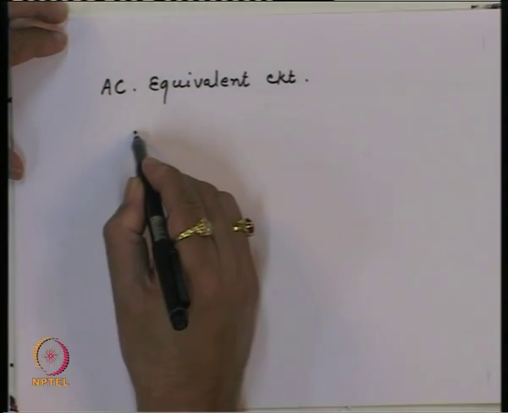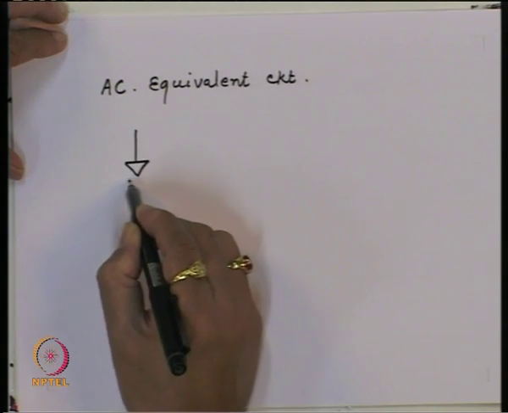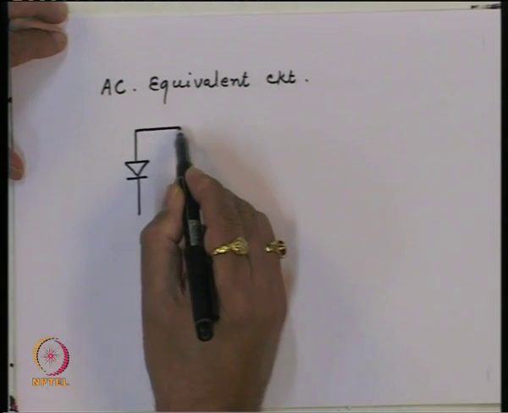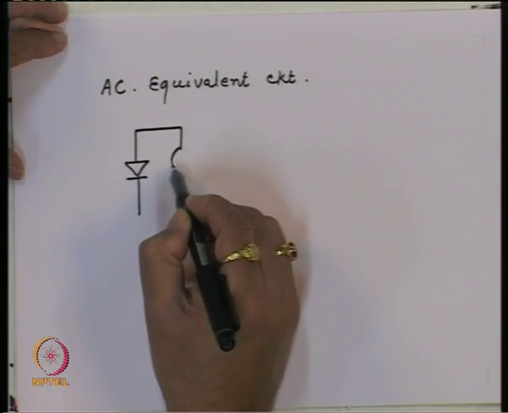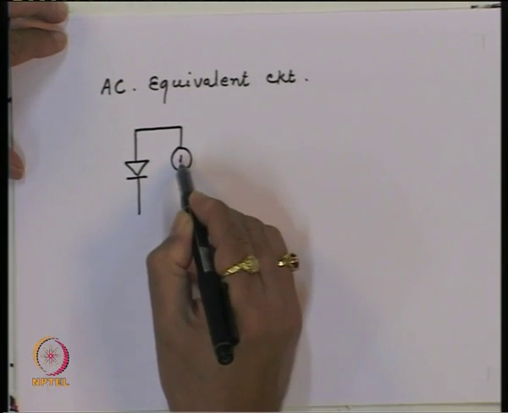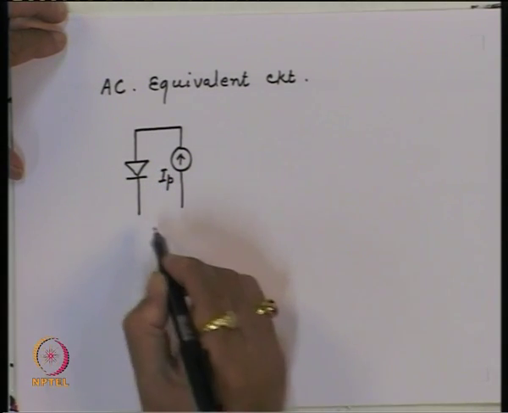I have an ideal diode, which is equivalent to a current source with the photocurrent, giving me IP.